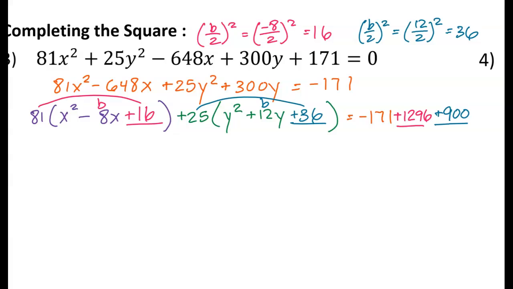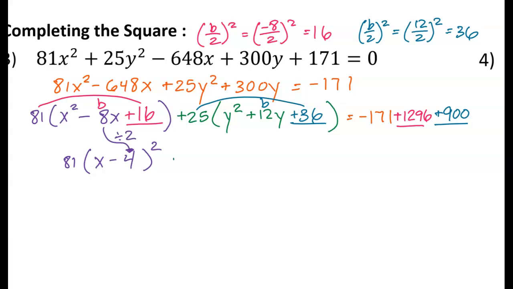Okay, so somebody complete the square. I'm going to bring down the 81, but somebody complete the square for my x's. What do I get? Yes, wonderful. X minus 4. Remember our little trick, divide b by 2 to get that factor.